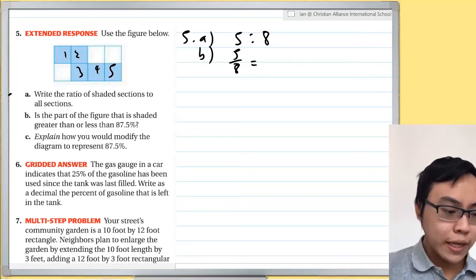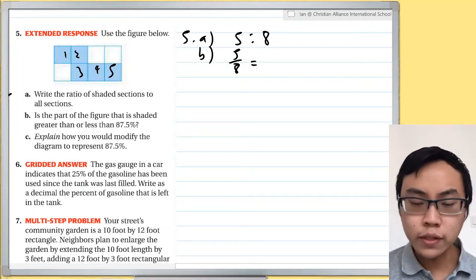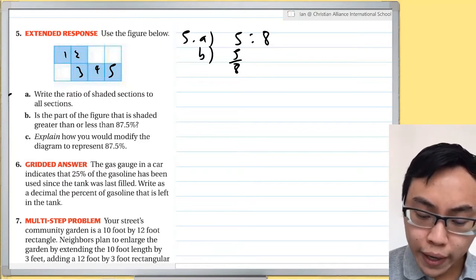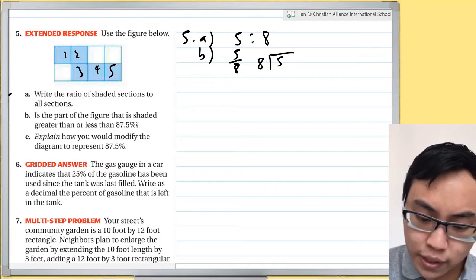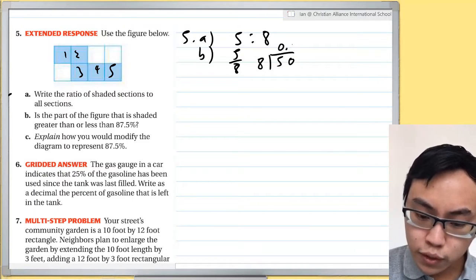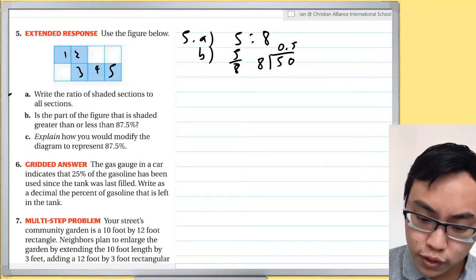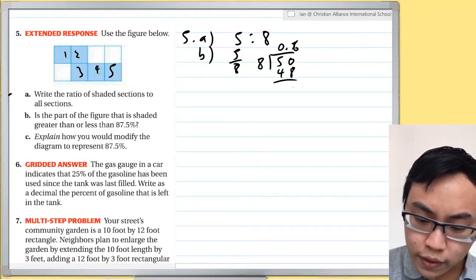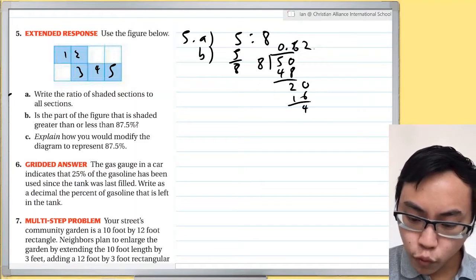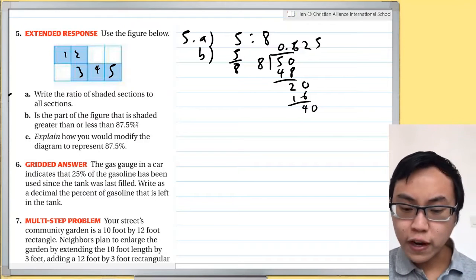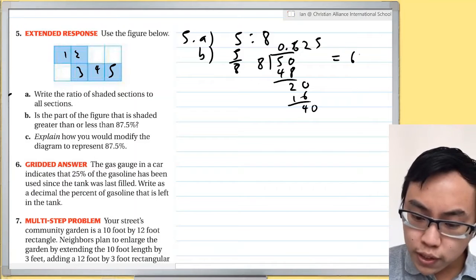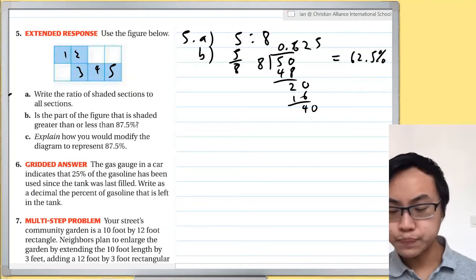Let's change that into a decimal. So this time I'm not going to use my calculator. I'll show you how to do that by hand. So 5 divided by 8, 8 goes into 5 0 times. So we're going to add a 0. Then 8 goes into 50 6 times. That's 48. And then there's 2 remainder, 8 goes into 20 2 times, that's 16, and then there's 4 remainder, and then that's going to be 5. So 0.625, and then change that into a percent, that's equal to 62.5%.